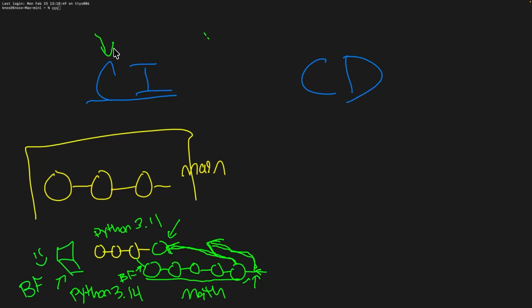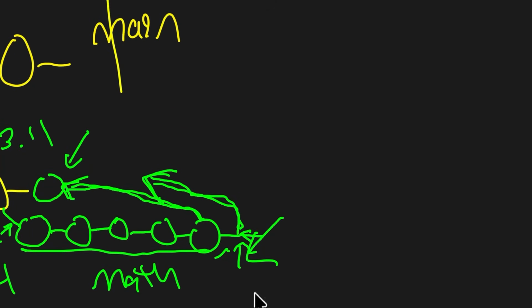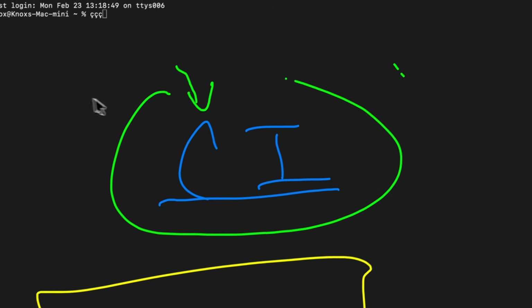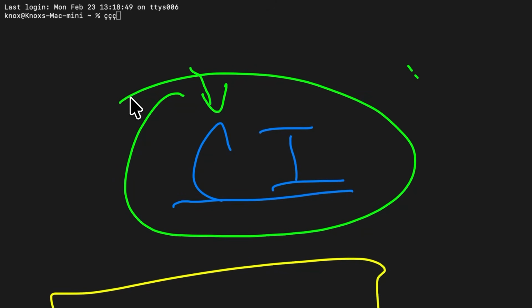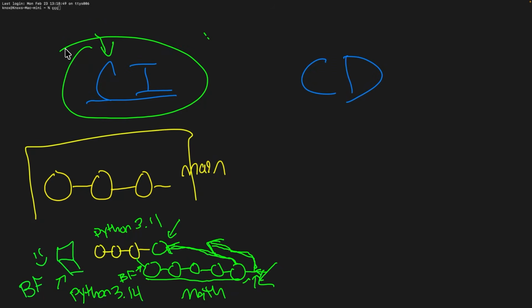This happens automatically. The moment I say, okay, I'm ready to merge, I click the button, and this triggers a series of automatic tests to make sure our code can safely be merged into the main branch.